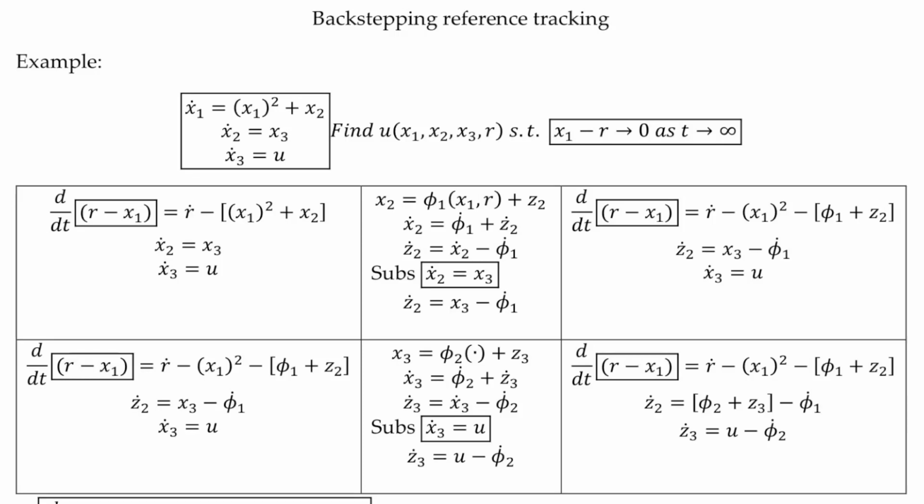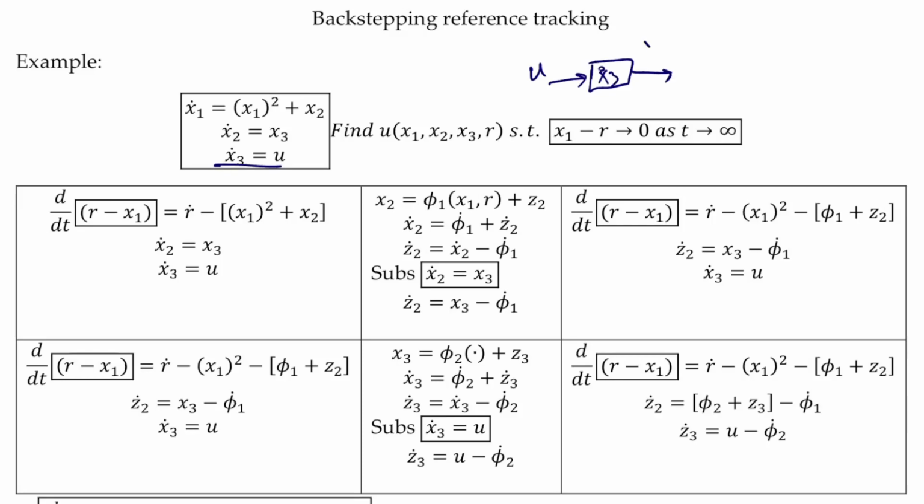So as in the backstepping integration problem, we will write down x2 as phi1 plus z2, and why are we going to mention it now? If we look at the dynamics and consider this problem as some type of regression problem, let's write this: this is the u input, and this is the x3 dynamics.